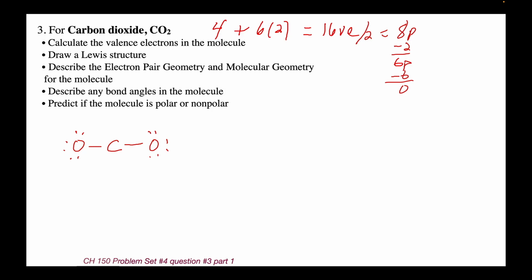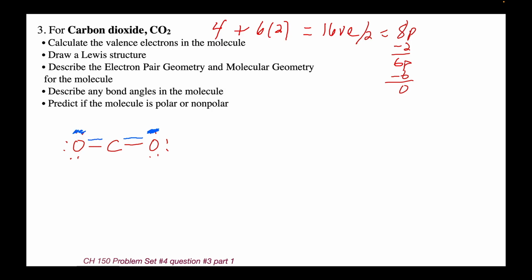So if you have a central atom which doesn't have an octet, that's when you want to start making these multiple bonds. So what's going to happen here is one of these lone pairs is going to go away, and you're going to make a second bond to the oxygen. And I'm going to do it on both sides, because oxygen can still have 4 pairs. Like you can see here how in this version, oxygen has 2 lone pairs and now 2 bonds for 4 pairs and an octet.